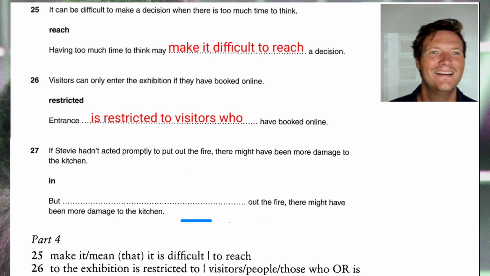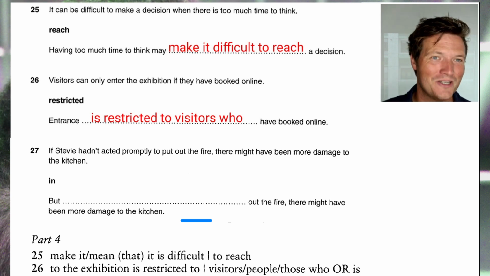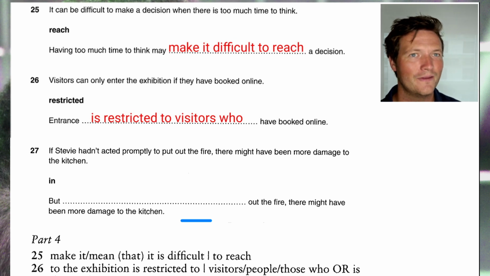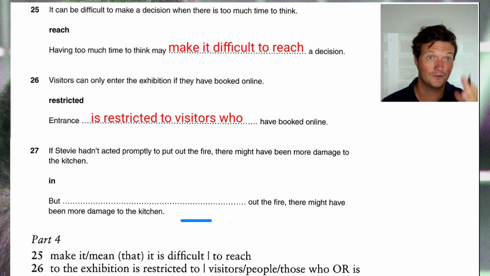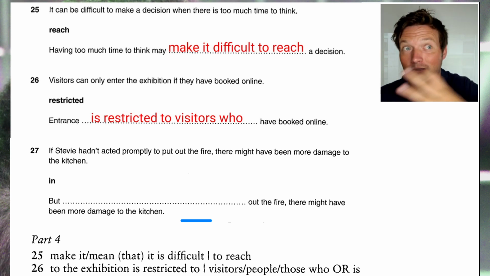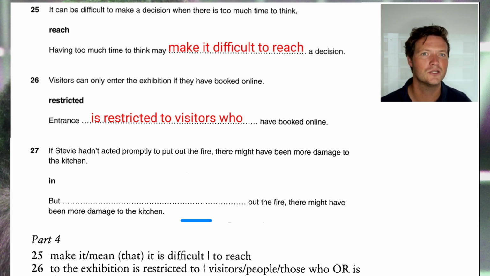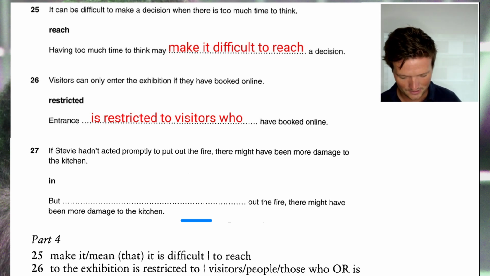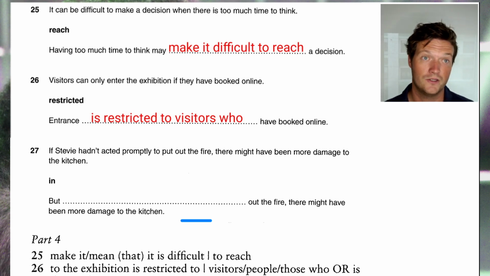Entrance to the exhibition is restricted to visitors who. Right, yeah, so big error there. I didn't mention the exhibition, and of course in the second sentence they make no mention of the exhibition. So yeah, of course, entrance to the exhibition is restricted to visitors who have booked online.